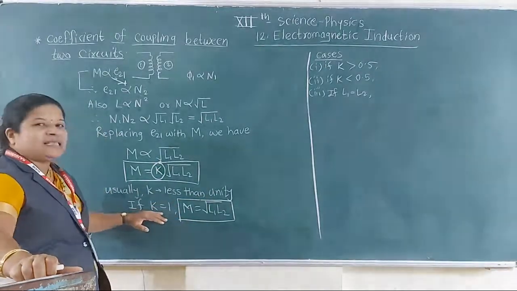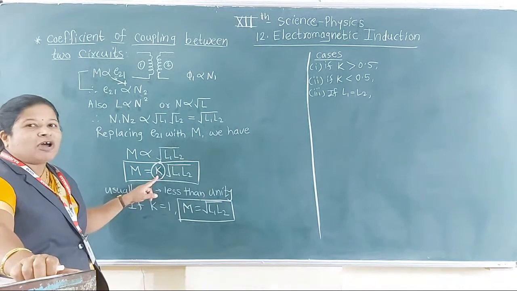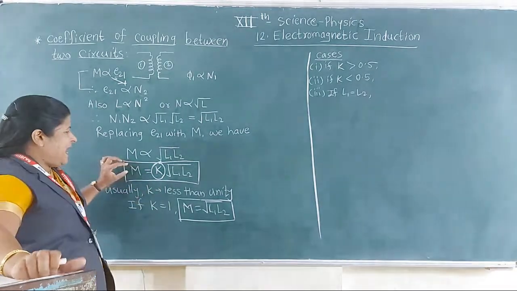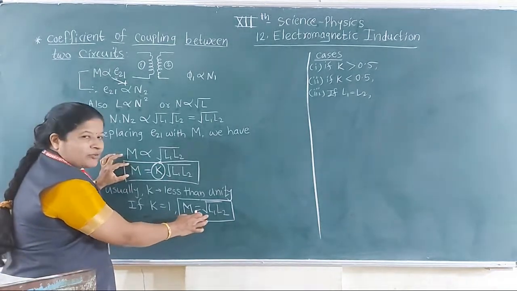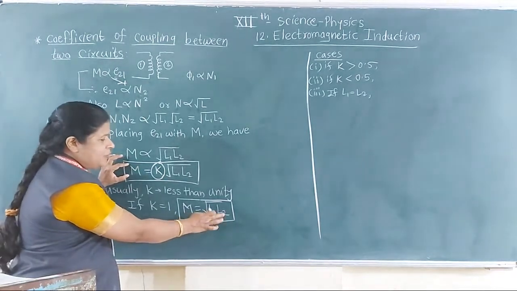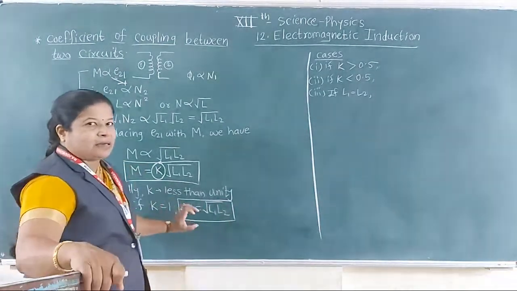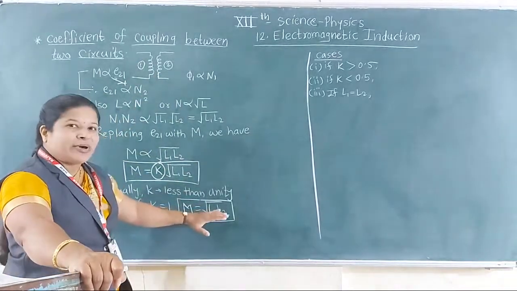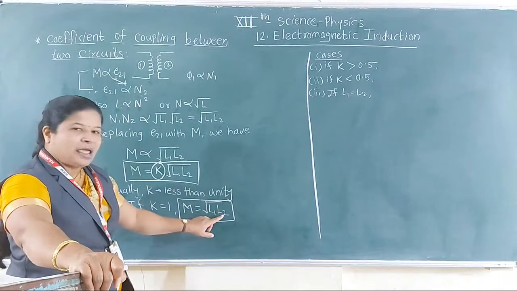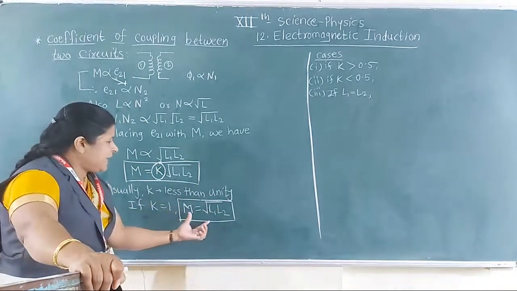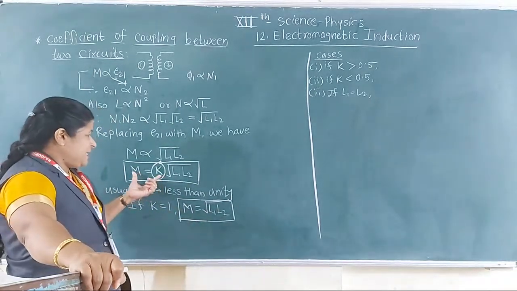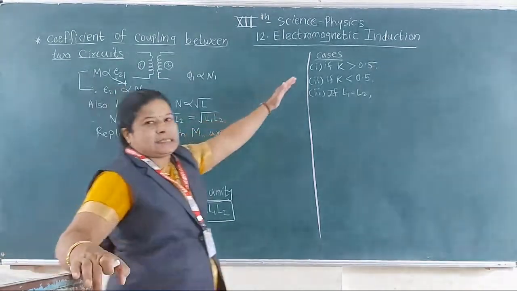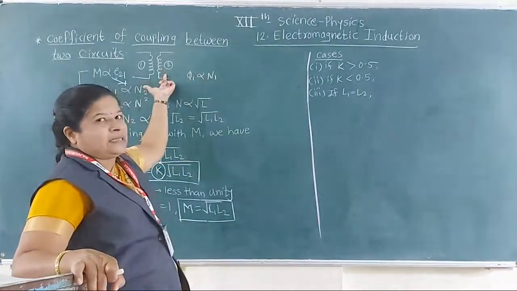If K is equal to 1, this coefficient of coupling is 1, then we get M is equal to square root of L1 L2. The mutual inductance of the two circuits is equal to square root of L1 L2. Now from this point, we have taken three cases of these two circuits.